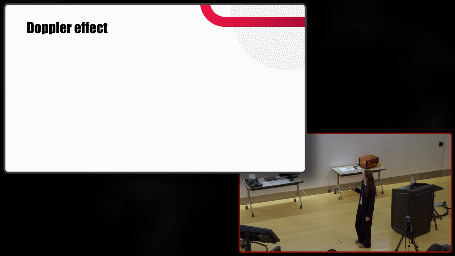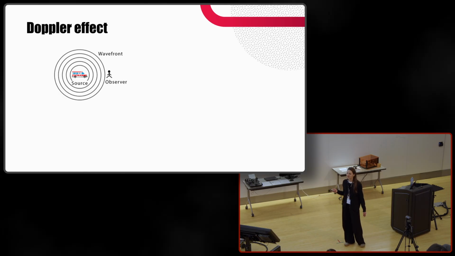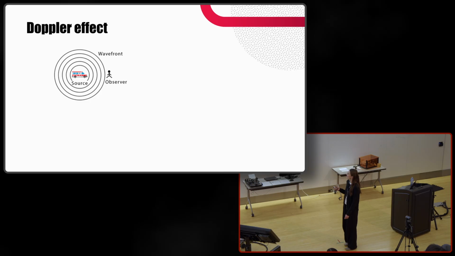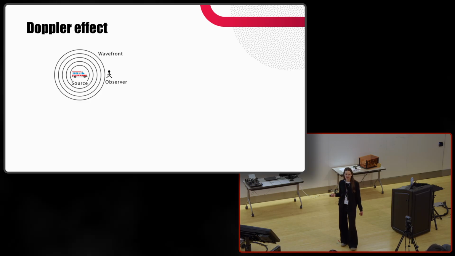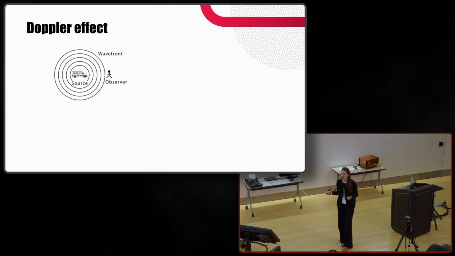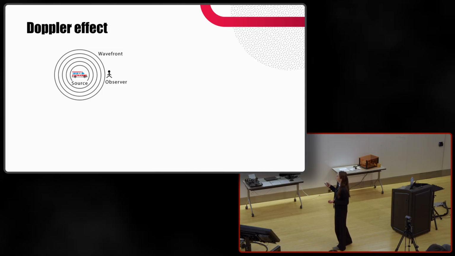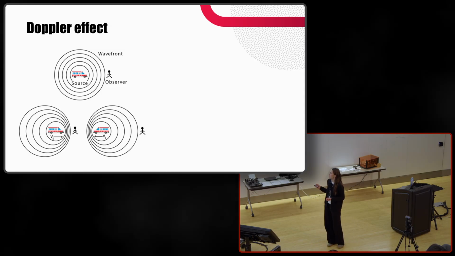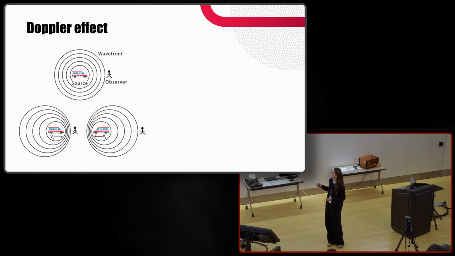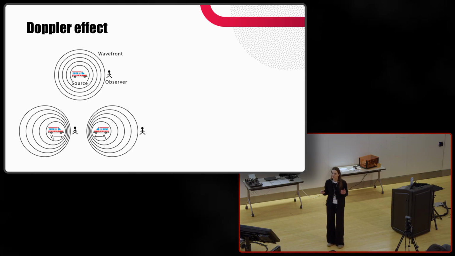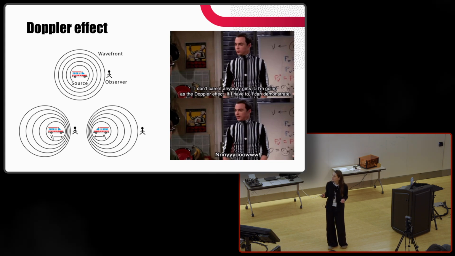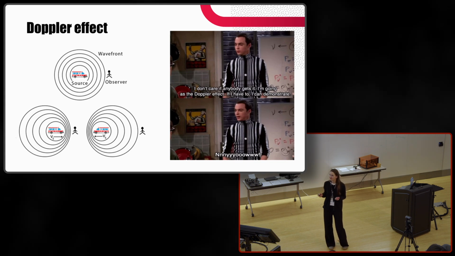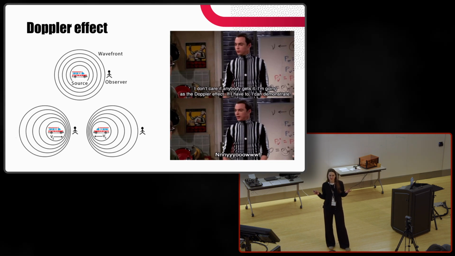The next notion is the Doppler effect. I think most of us know it, and usually it's described like this: if you have a source which radiates some wave and you have an observer, then depending on whether the source is moving and in which direction, the observer receives a different frequency. It can be understood by a typical example which all of us experience.